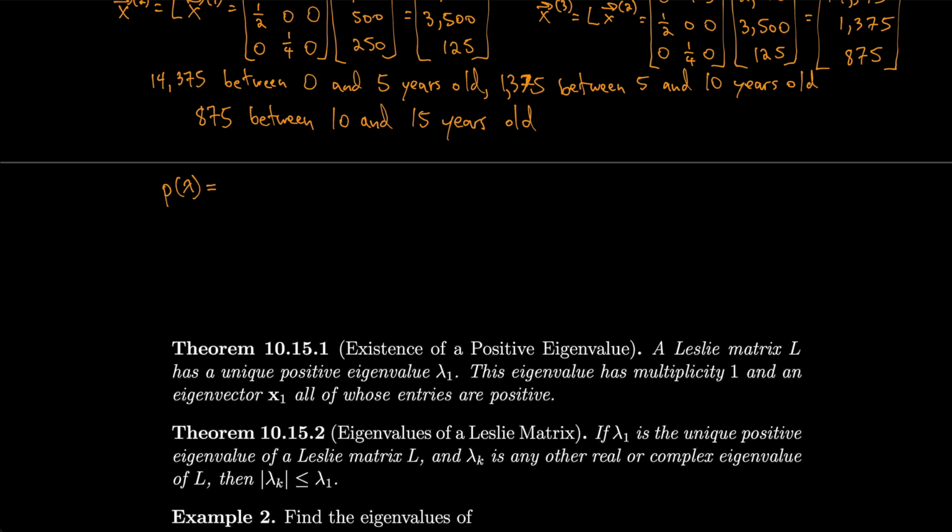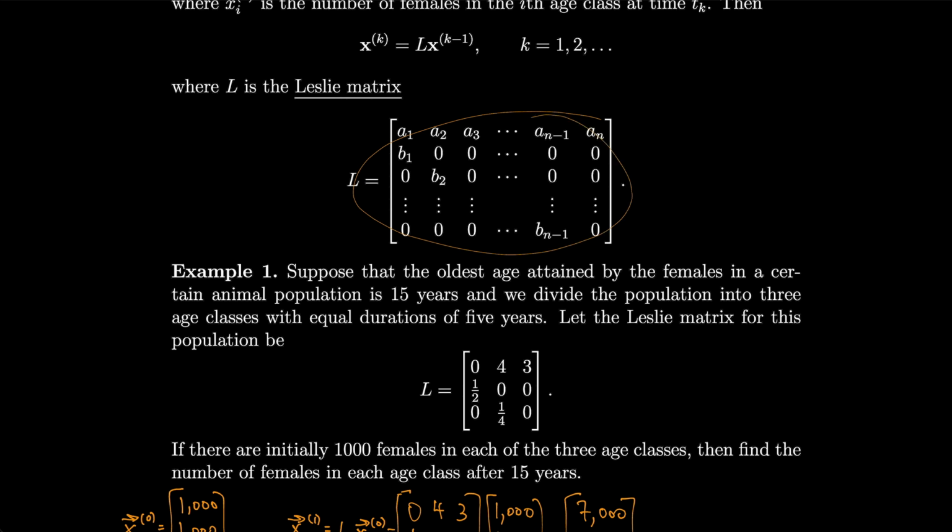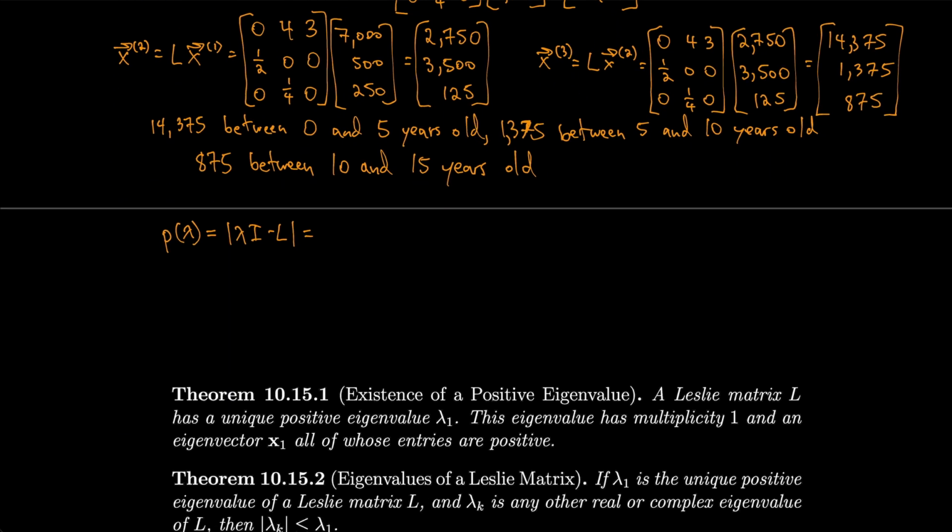So if we look at the characteristic polynomial p of lambda, that's the determinant of lambda I minus the Leslie matrix L. If we were to actually compute this, we have a lot of cancellation with zeros, so it works out somewhat nicely.